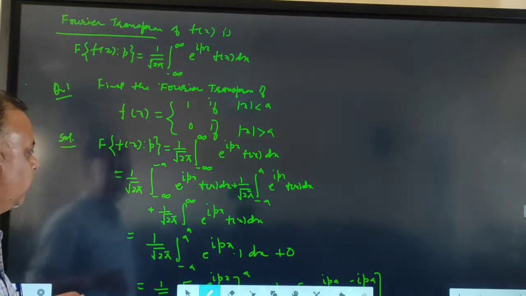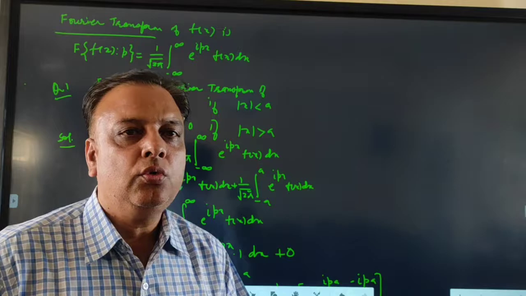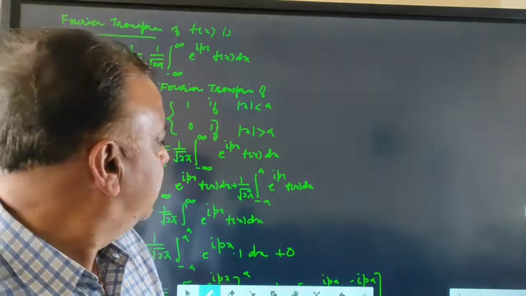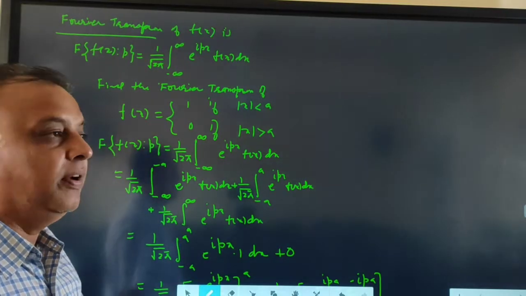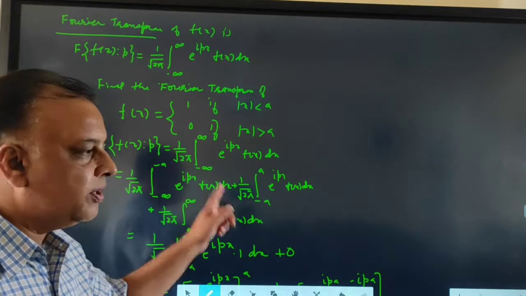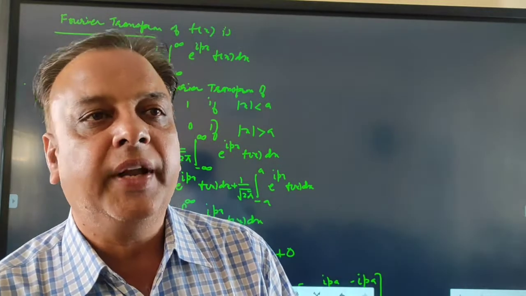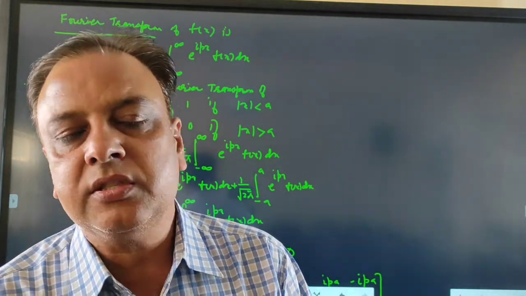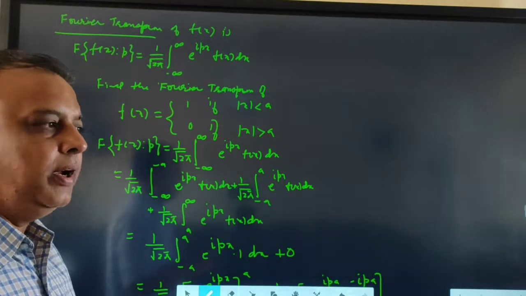Now by definition, the Fourier transformation of this function is equal to 1 upon root 2 pi integral from minus infinity to infinity e raised to iota px f(x) dx. Now the function is given in different intervals. So first we break the integral into those intervals in which the function is defined.